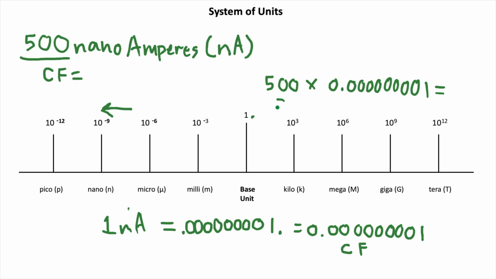And this is going to produce 0.00005. And so there is our conversion. And this is now converted to amperes because we were moving from nano to the base unit. So now it is in amps. And you can see this is a fraction of an amp. It's only a small piece of the whole amp.